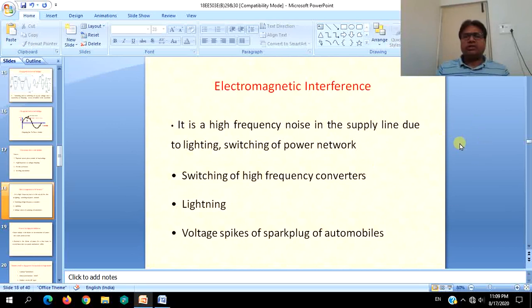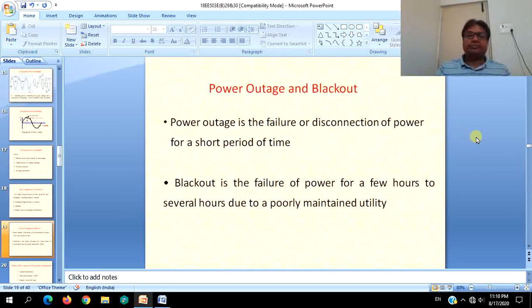Even though there are no disturbances in the power supply, due to the power supply frequency, electromagnetic and electrostatic interference effects will be seen in communication lines. That is not the aspect here, but similar things result in the power network. That is electromagnetic interference.